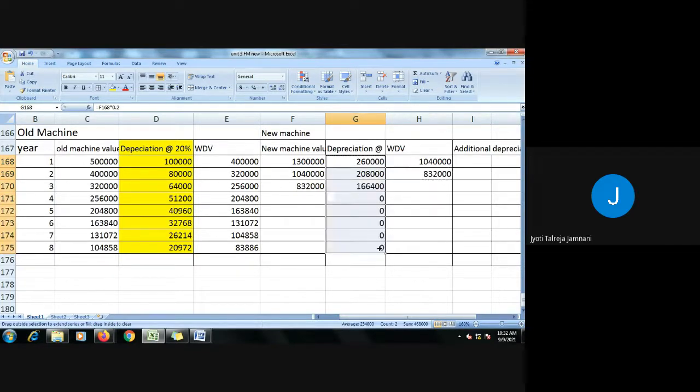Just drag it down. So 6,65,600. On that, we'll find 20% depreciation and the WDV by minusing. Then you have 5,32,480. 20% depreciation, we get 4,25,984.